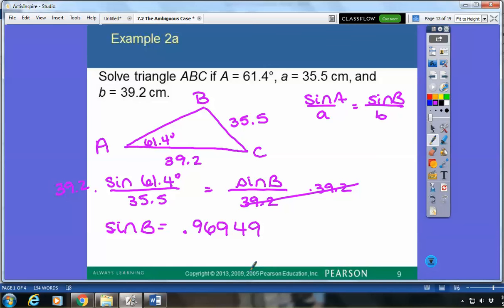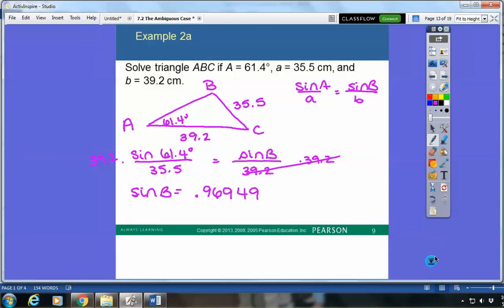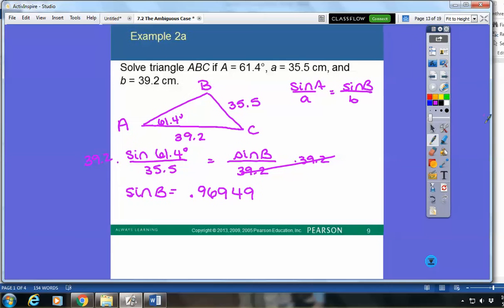You want to keep quite a few decimal places on this. If you round this to just 2 or 3 decimal places, when you find your angle, you will be slightly off. So keep more decimal places here. For my final answer, how many significant digits will I use? 3. Okay, so we know that sine is positive in quadrants 1 and 2. So I am going to get an answer in each of those.